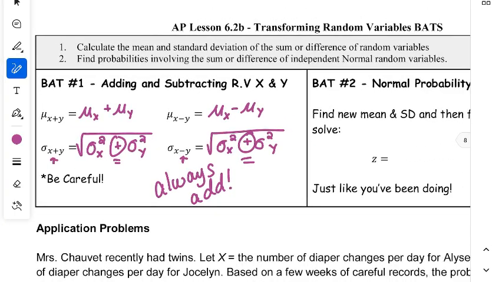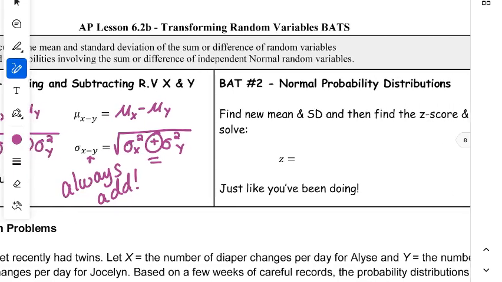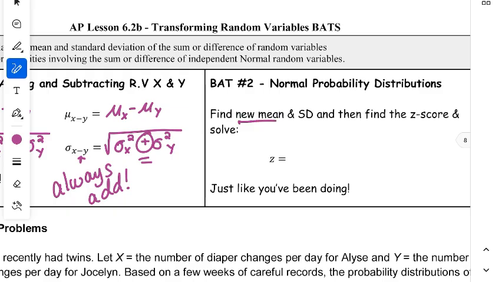Okay, so then when we do that, we can apply it to some probability models where you find the area under the curve. We use normal distribution, and you will use the new mean and standard deviation and draw the picture. If you need to, find the z-score.